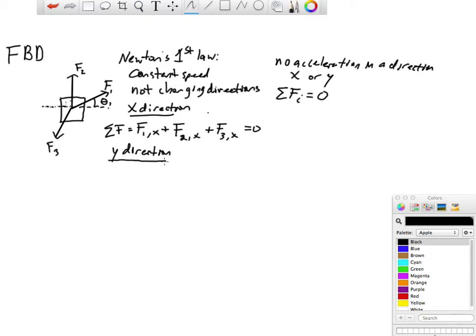So in up and down, the sum of the forces in the y direction equals the y component of the first force, plus the y component of the second force, plus the y component of the third force, and you set that equal to 0.